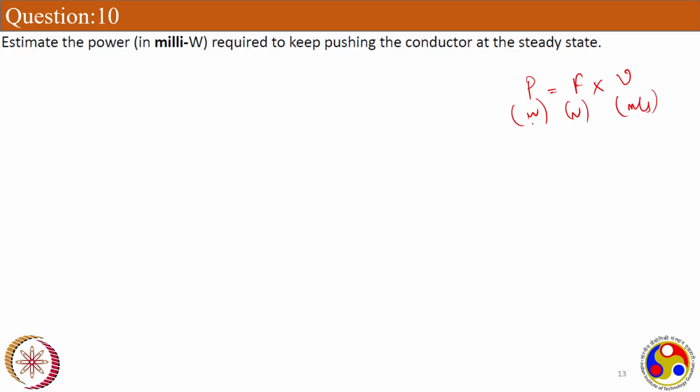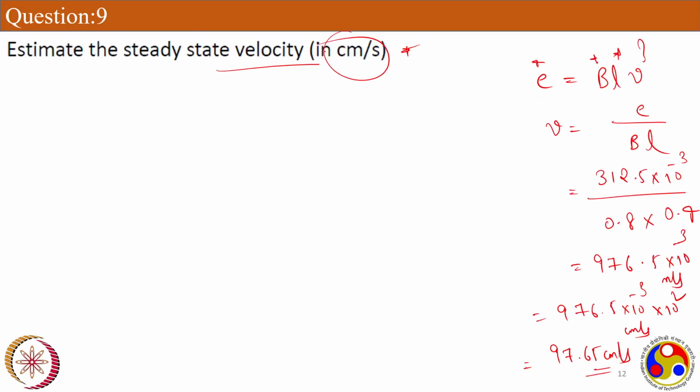Now we will verify with all three formulas. It should definitely come the same, but I'm just utilizing the data which we already know. Power is equal to force into velocity. What is the force? It is pushed with 100 millinewtons multiplied by velocity. What is the velocity we got? Steady state velocity in meters per second, so 976.5 into 10 power minus 3.